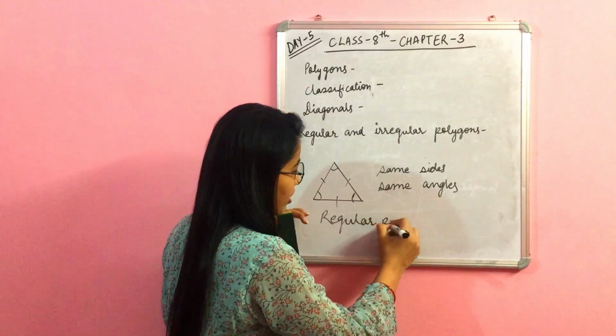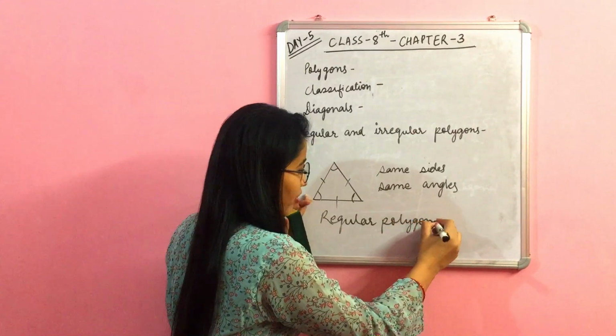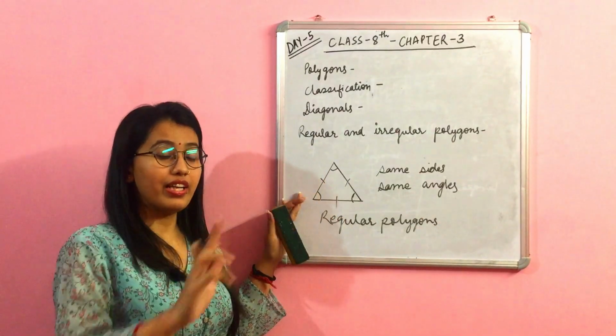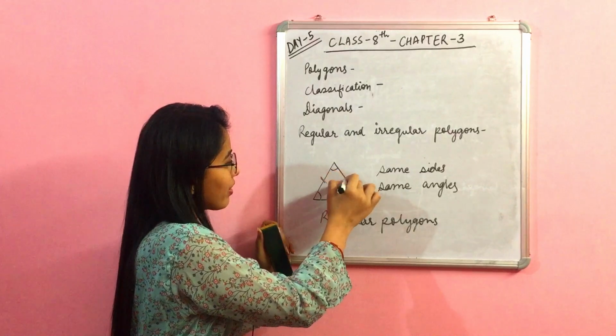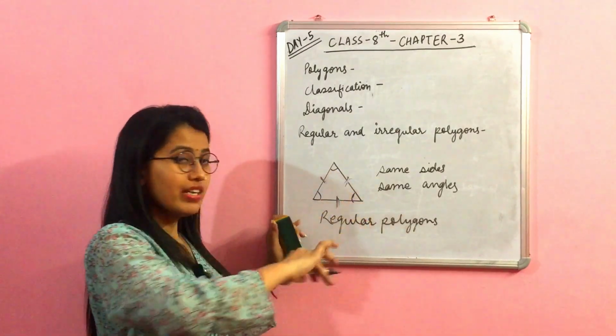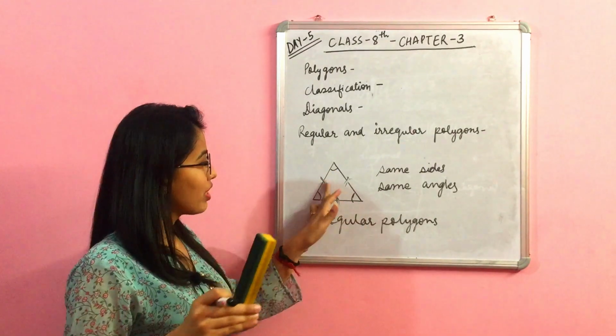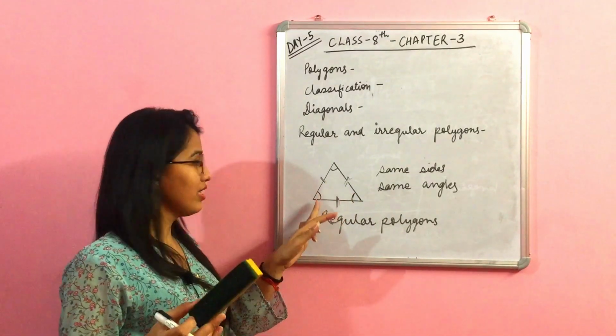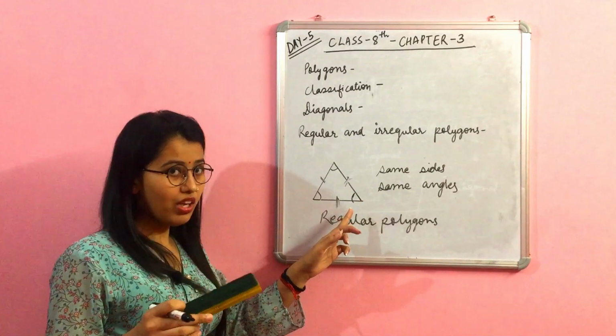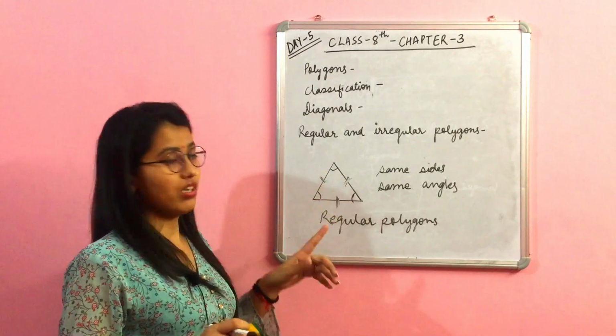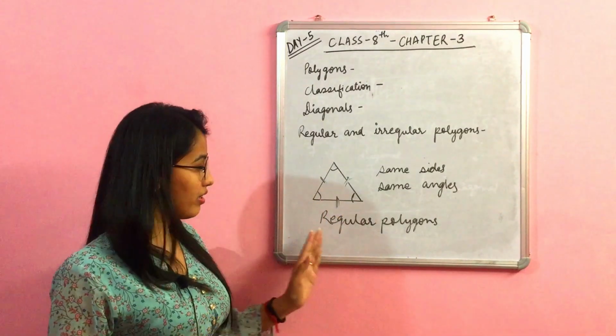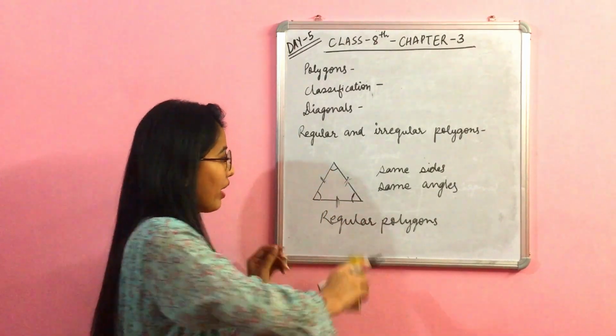Regular polygon in which case? If this triangle is an equilateral triangle, all these three sides are the same. If these three sides are the same, then obviously these three angles will be the same as well, right? So this type of figure is a regular polygon.